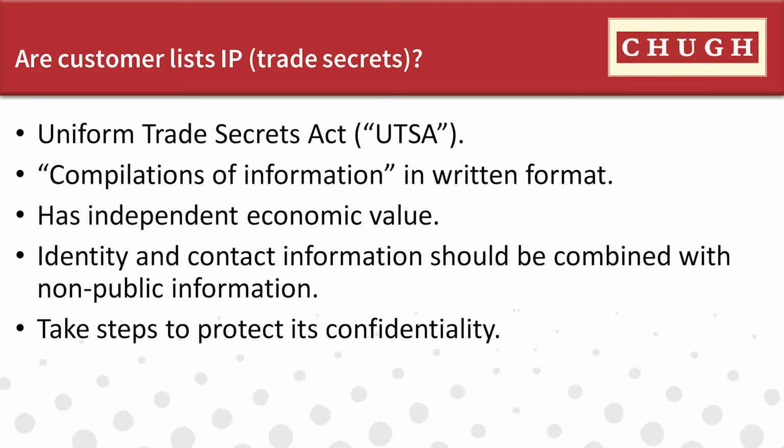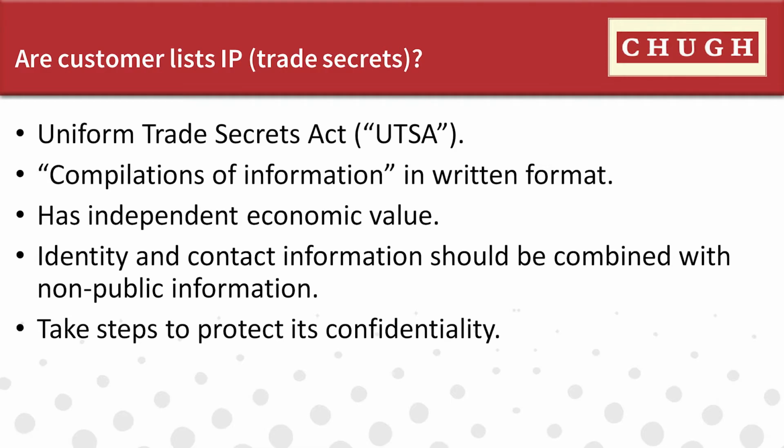Now, that's pretty easy for a lot of our clients because in addition to the identity and contact information of their customers, they may also have the purchasing habits, the specifications, requirements, so that information in combination with the contact information would meet this requirement. And finally, the party that's claiming intellectual property rights with respect to that trade secret needs to take steps to protect the confidentiality of the trade secret.